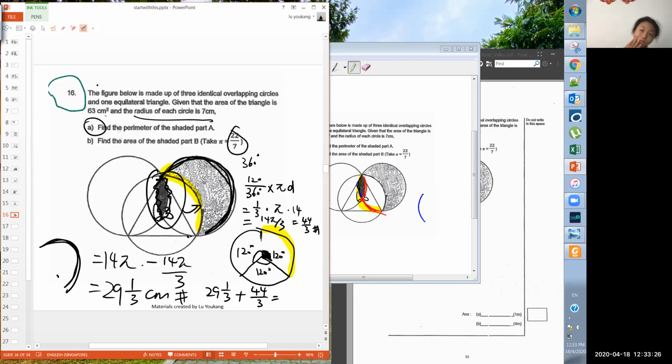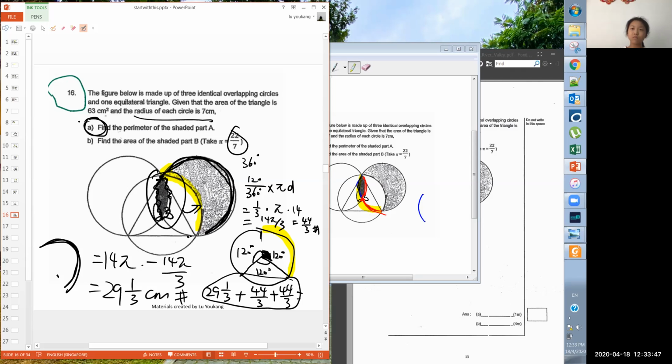Yeah. So that means, to find the perimeter, you just add another yellow line. So this whole thing will give you the answer for part A. Good? Okay?